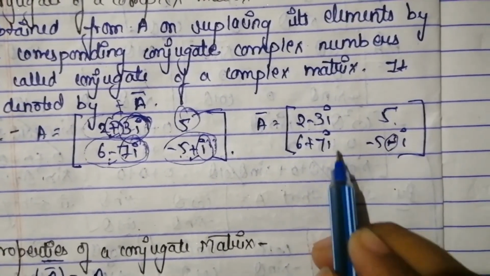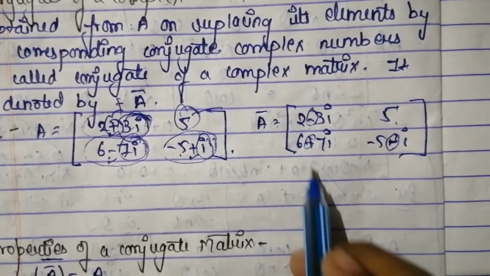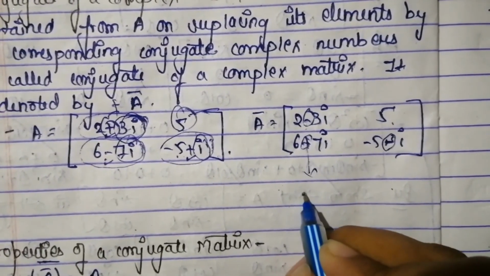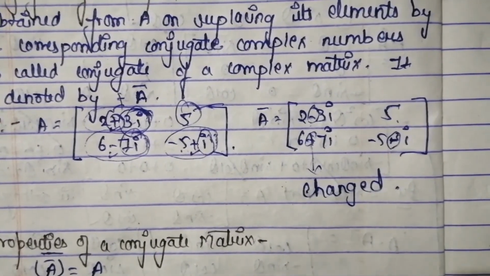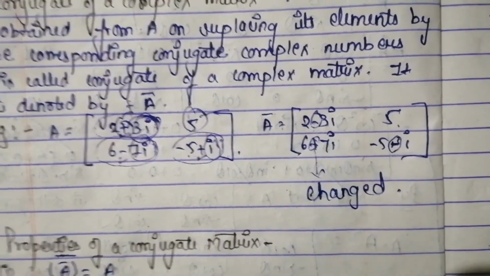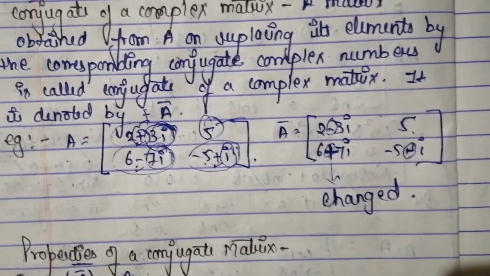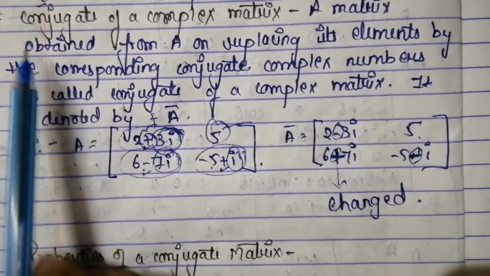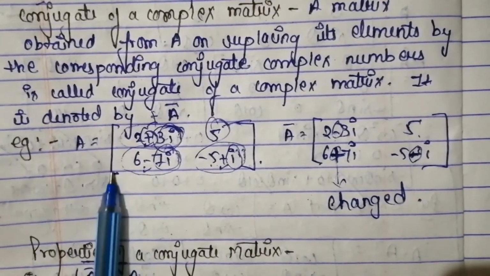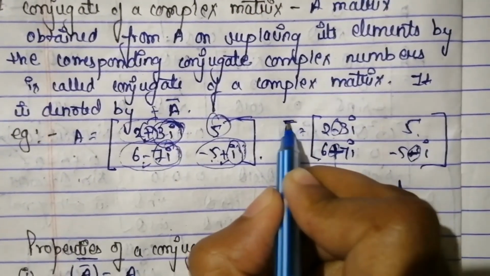Only the imaginary signs will be changed. So 2 minus 3 iota, 6 plus 7 iota, 5, and minus 5 minus iota is the conjugate of the complex matrix A. It is represented by A bar.